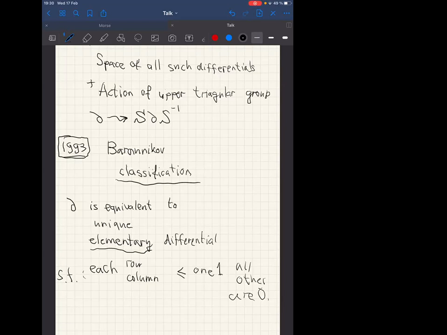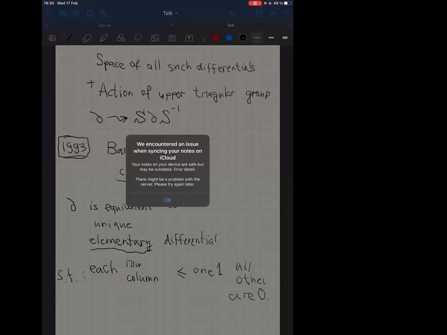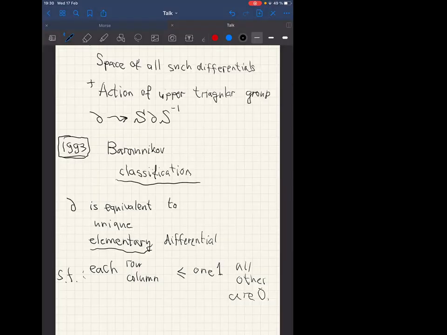And the answer is easy: any upper triangular differential D is equivalent to a unique elementary differential, such that its matrix is such a matrix that in each row and in each column there is at most one unit, and all others are zeros.